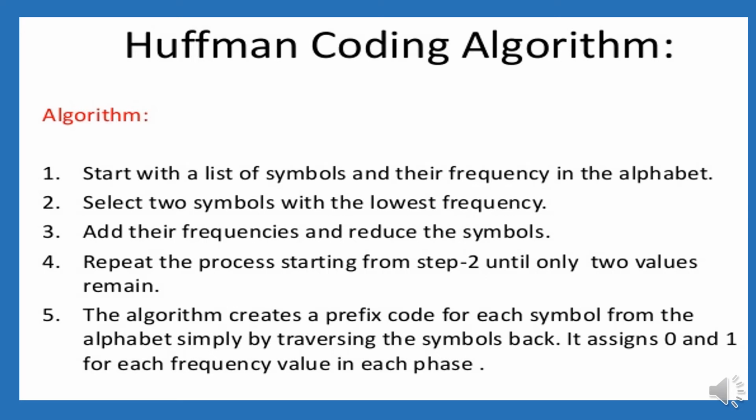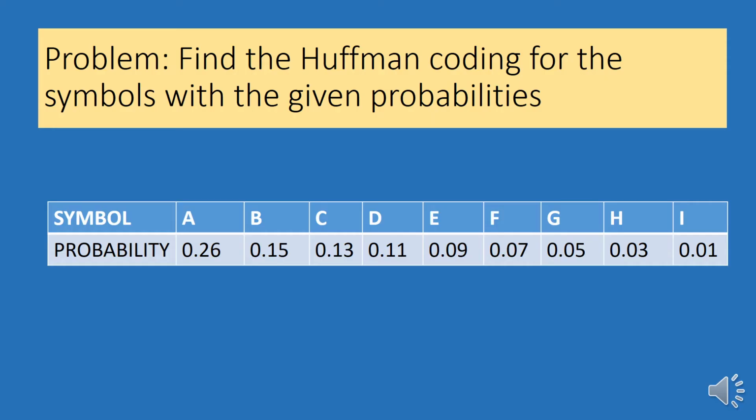Fourth, repeat the process starting from step 2 until only 2 values remain. And the next step is that the algorithm creates a prefix code for each symbol from the alphabet simply by traversing the symbols back. It assigns 0 and 1 for each frequency value in each phase.